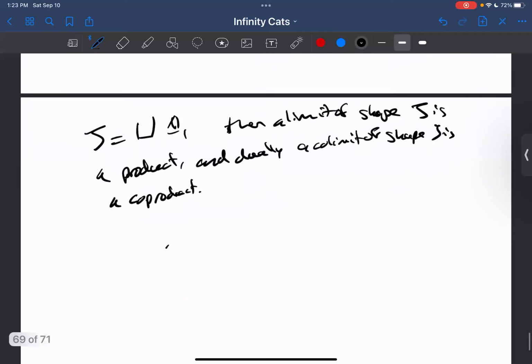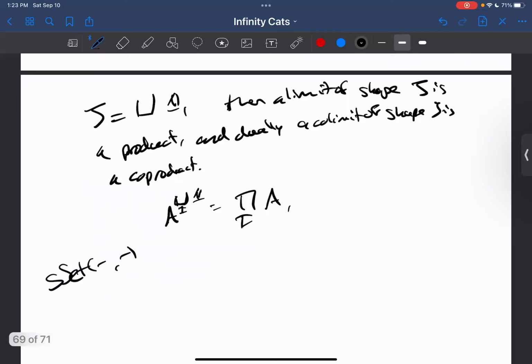In particular, we can see just by balancing the universal properties under this bifunctor that A to the coproduct of 1 is equal to, say we're taking the coproduct along some set I, the product over I of A.